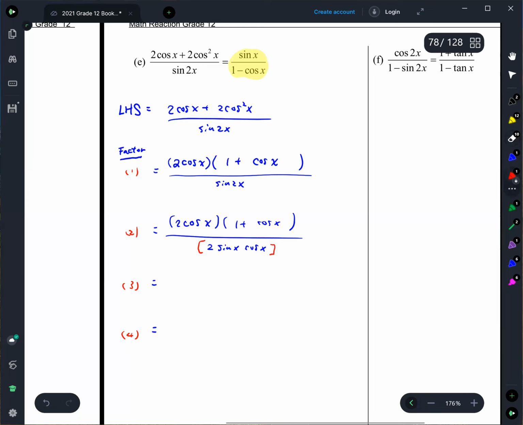Whenever there's an identity to apply, you can try it and see if it helps.